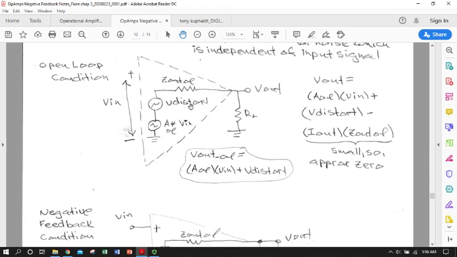Now, please do not confuse this distortion voltage source with common mode noise that's common to the inputs on our differential amplifier. This is a particular distortion voltage that's within the amplifier itself. It's not a common mode noise signal coming into the amplifier.